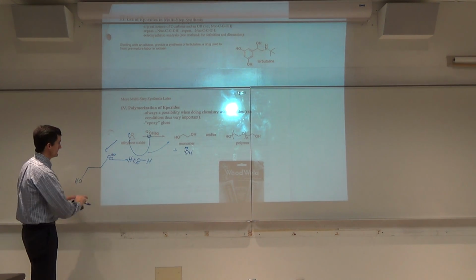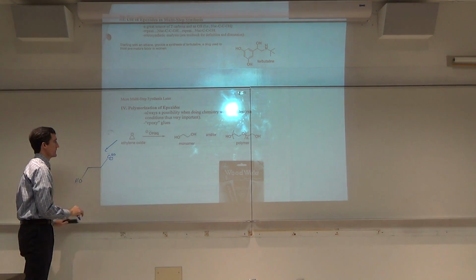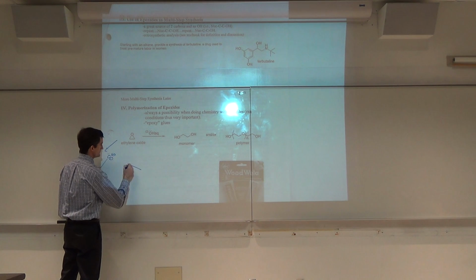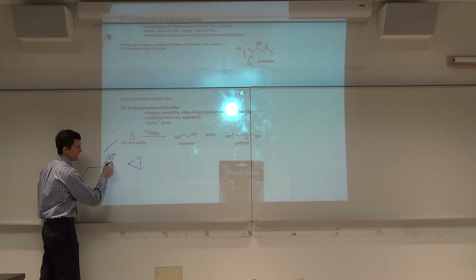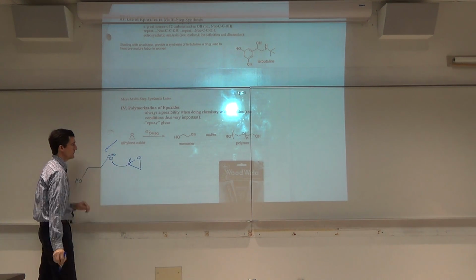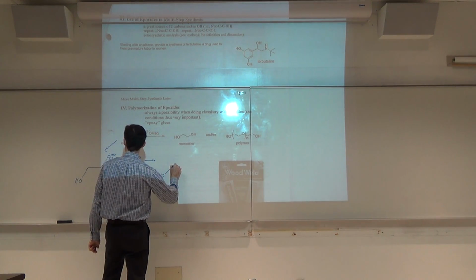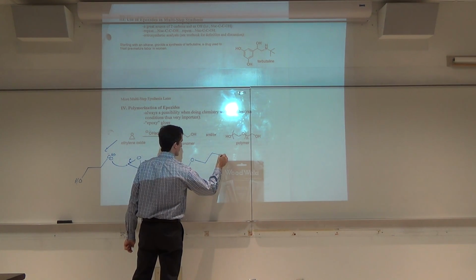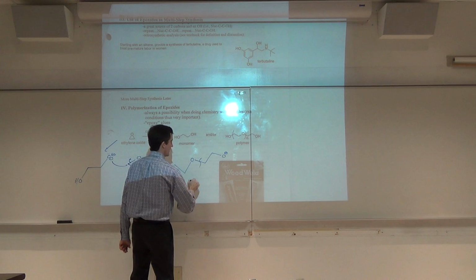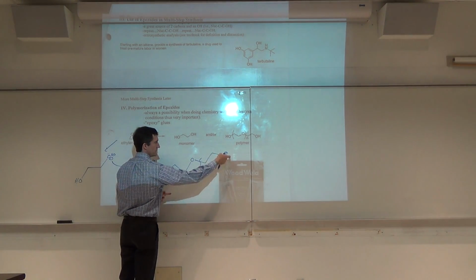How would you get polymer? With the hydroxide that comes from the water. What if instead of this getting an H, it attacks here and opens that up? What would that give? It would give that. Nucleophile, carbon, carbon, OH.